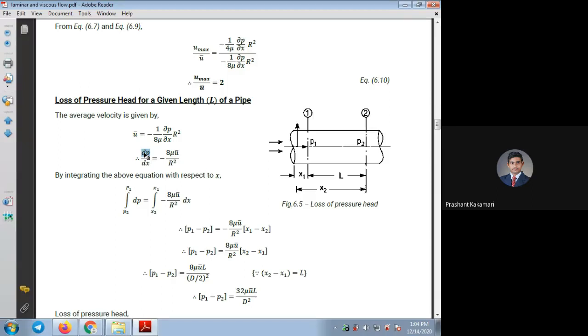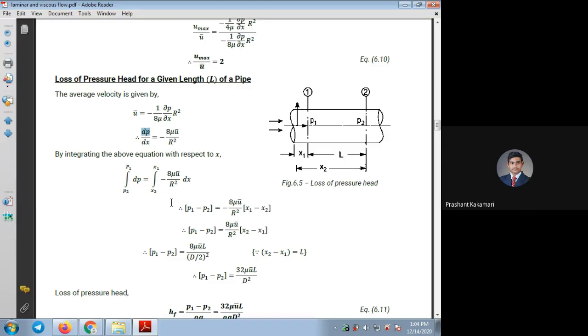Now if you integrate between the pressure and the distance x, we have taken points x1 and x2. Between x1 and x2, L is there, or x2 can be defined as L plus x1. Like that, different terms are used here.